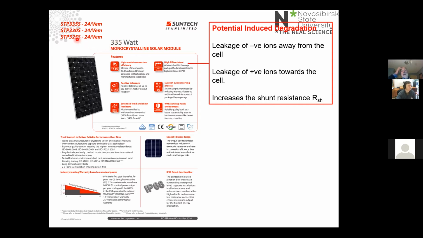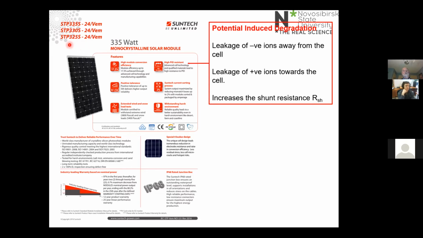The variation in the rated power comes about because even though the manufacture of silicon cells is very tightly controlled, and as we've seen, it's a little bit like the manufacture of semiconductors for computer chips and things like that, you still get variations in the quality of the module.